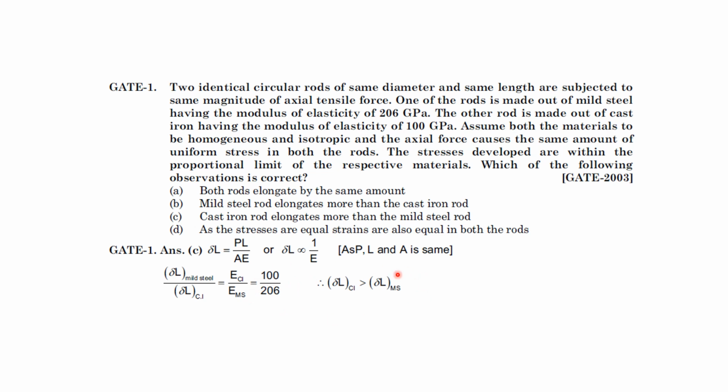If you simplify that, you will find that delta L of cast iron is greater than delta L of mild steel. So option C is correct: the cast iron rod elongates more than the mild steel rod. Fine.